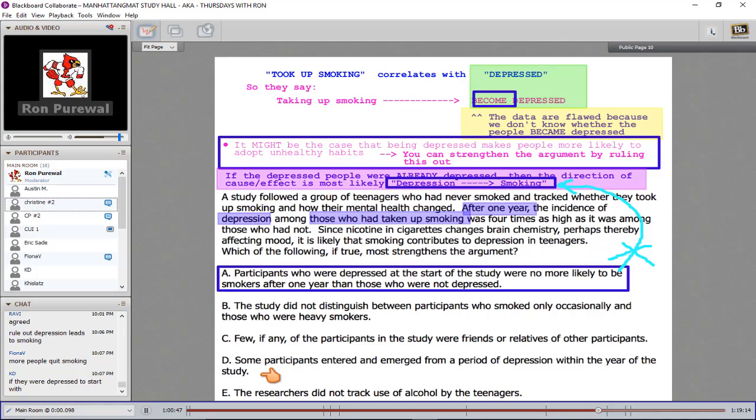I mean, this is not going to strengthen anything for sure. If anything, this is a confounding variable. They didn't track this. So if this matters, it's going to make the study less significant.